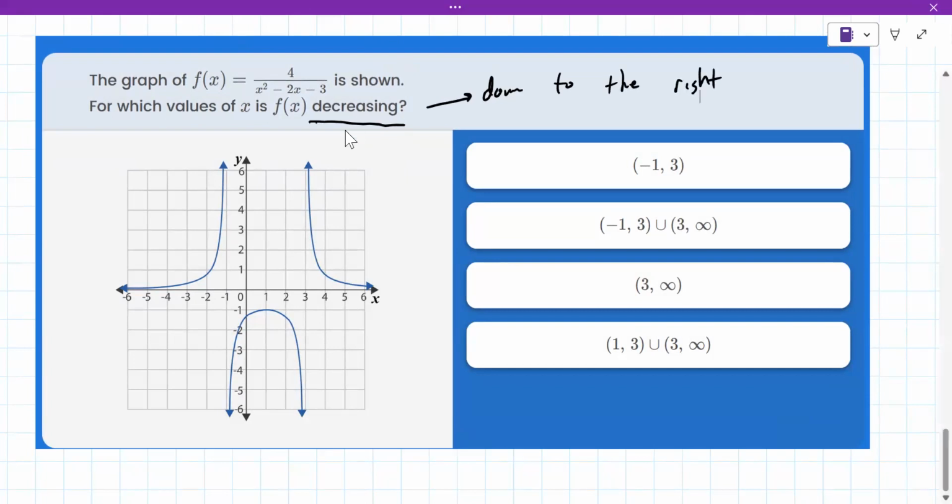Down and to the right. So can you tell me which of these are going down and to the right? There's two of them that look like they're going down and to the right. The one on the bottom, and then the one on the right. Okay. So which of these on the right says that?